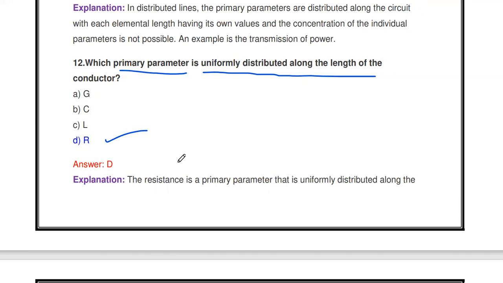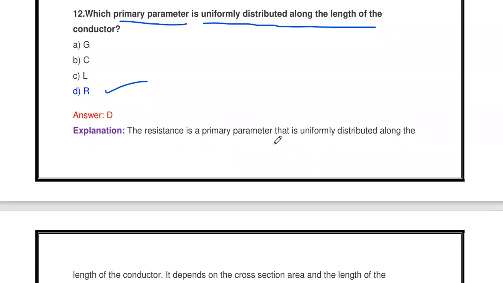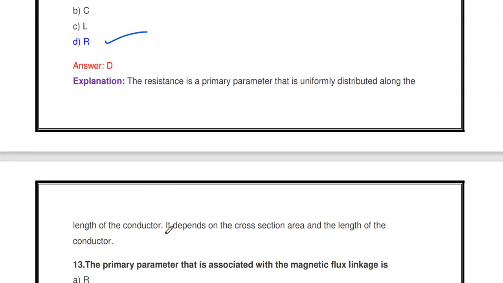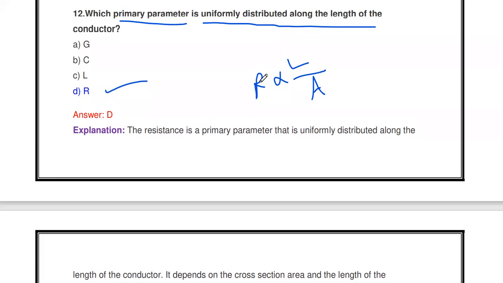Already you know the resistance depends on the cross-sectional area and the length of the conductor. The resistance R is directly proportional to the length of the conductor and inversely proportional to the area of cross-section of the conductor. So the resistance value is uniformly distributed along the conductor.